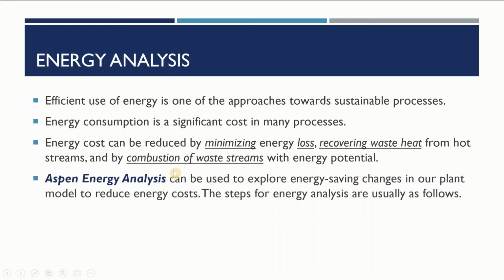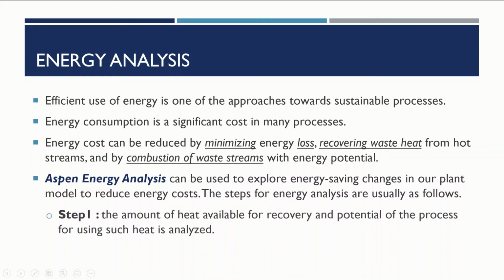ASPEN energy analysis can be used to explore energy-saving changes in our plant model to reduce energy costs. The steps for energy analysis are usually as follows. Step 1 is to analyze the amount of heat available for recovery and the potential of the process for using such heat.